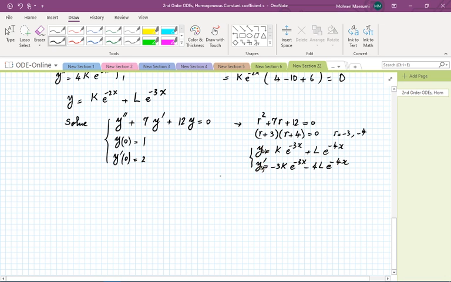Our initial conditions are at 0 typically, so we replace x by our initial value of x and enforce these two conditions. So y of 0 will be, it's very easy when you replace by 0, these things just become 1. So I have k plus L equal to 1.